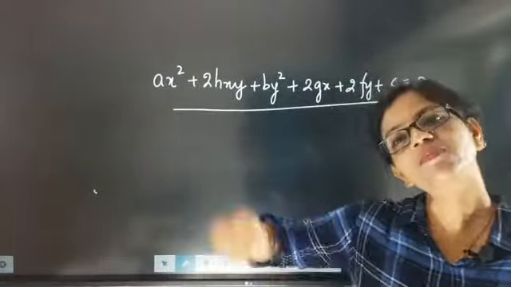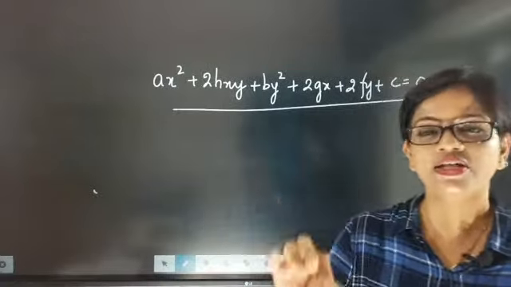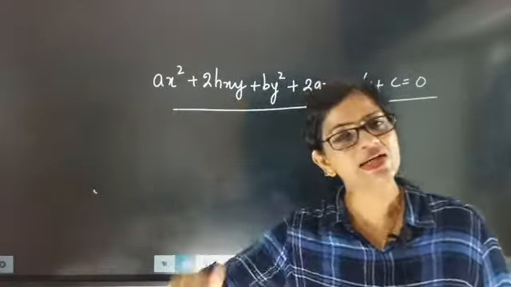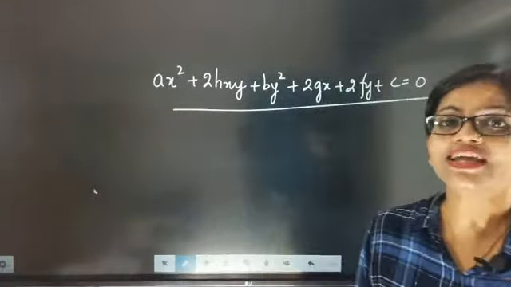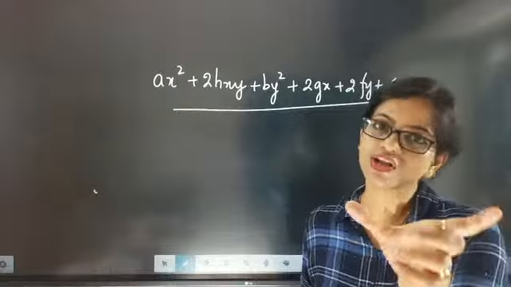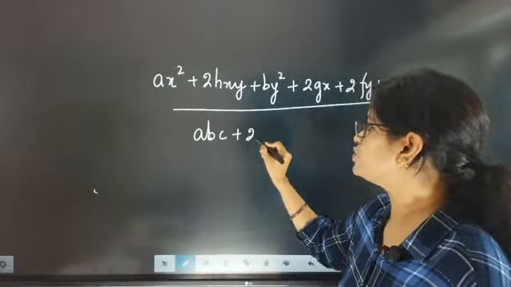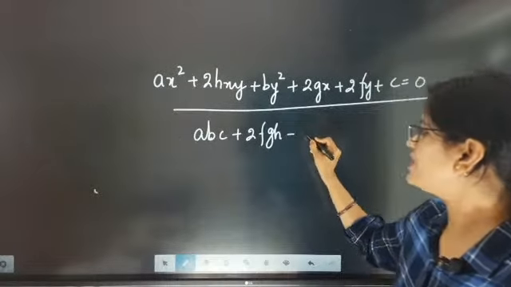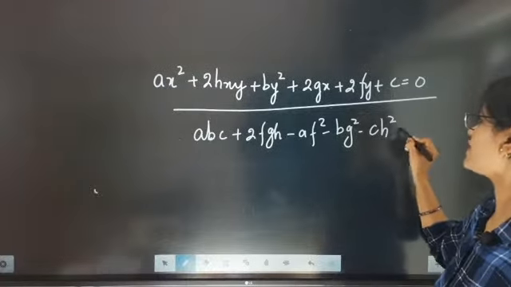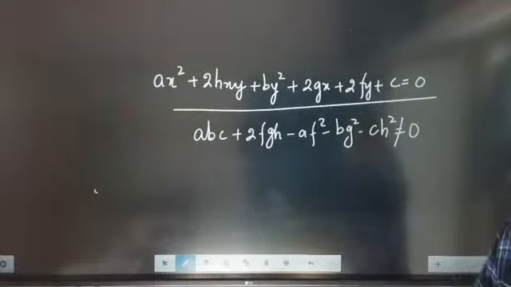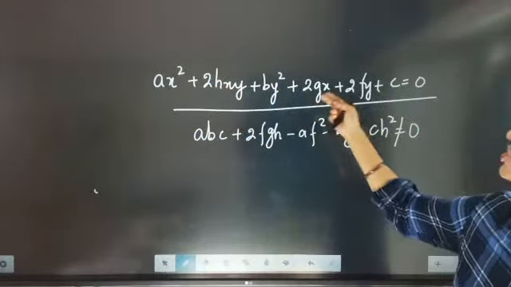Now this conic section will represent an ellipse when its coefficient combination will not be equal to 0. That is abc plus 2fgh minus af square minus bg square minus ch square will not be equal to 0. The coefficients are a, h, b, g, f, c.